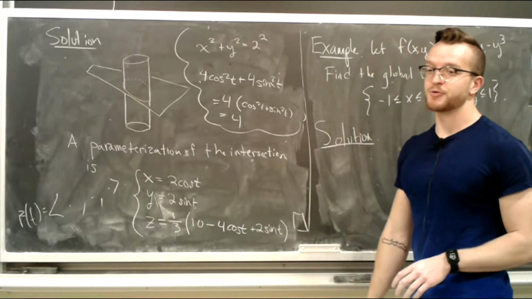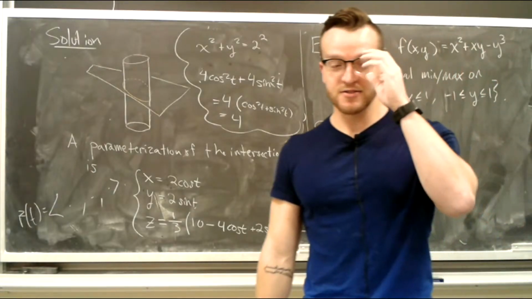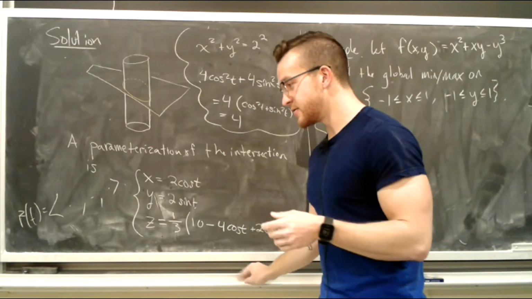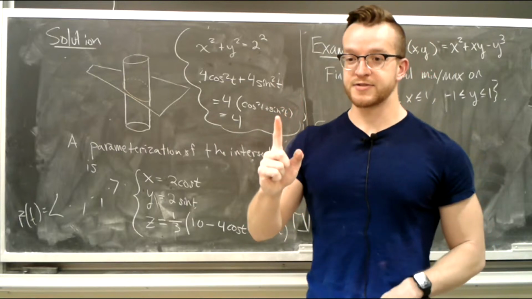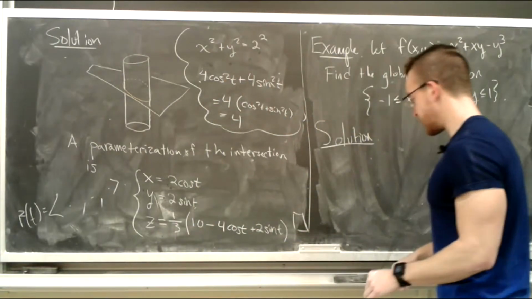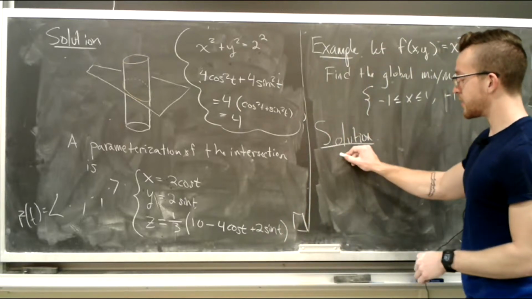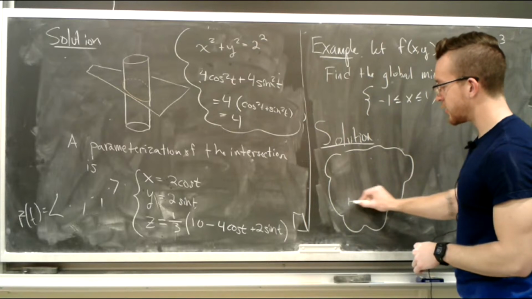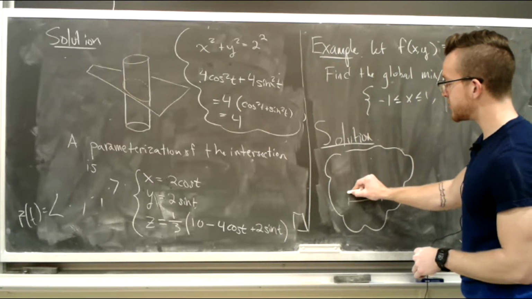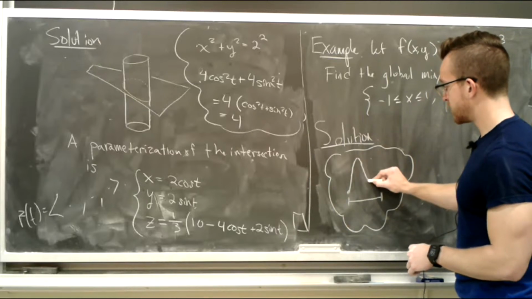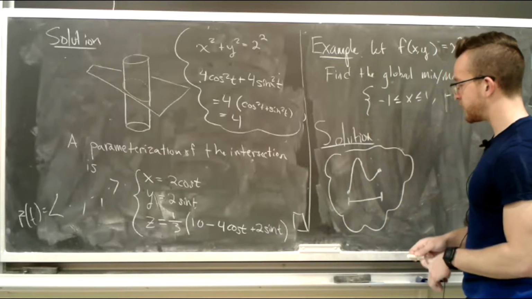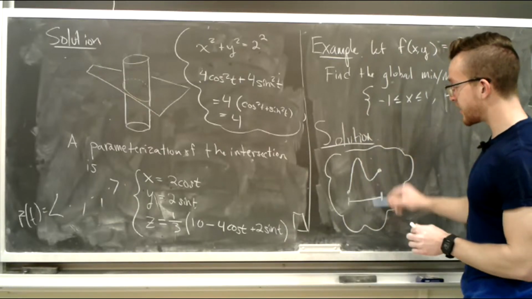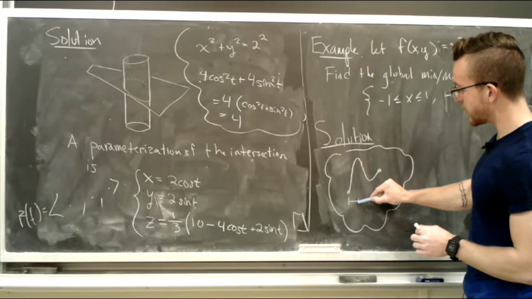Okay, so as usual, a problem like this is going to be pretty tedious. It's going to take a lot of work, but let me outline the general strategy first, which is just like in the one variable case. Let me draw the same picture I always draw. In the one variable case, if you're given a continuous function on a closed interval and you want to find the global min and max, what do you do? You look for critical points on the inside, which would be like here and here.